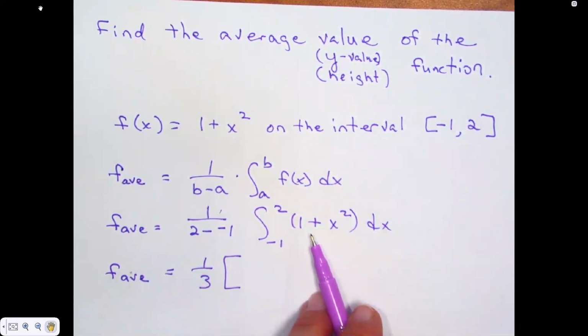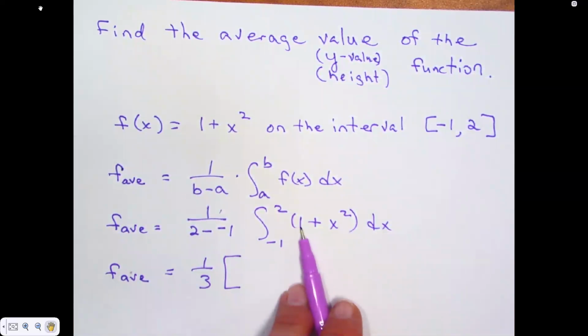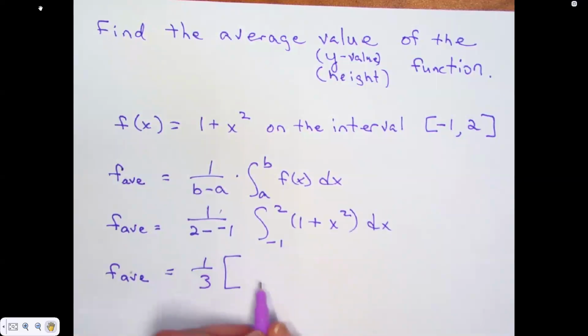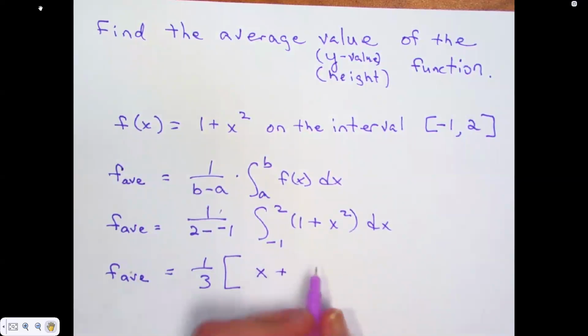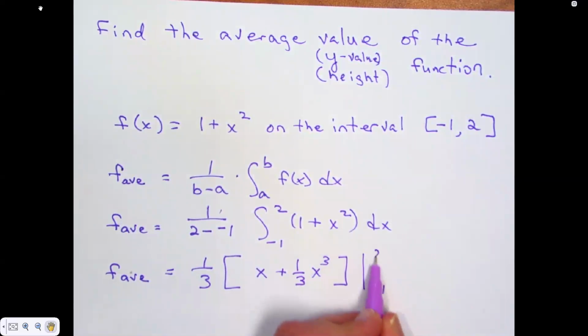So we want to add 1, divide by the new. So 1 goes to x, and then x squared goes to add 1, so 3, and then divide by the new, so x cubed over 3. And then we're going from -1 to 2.